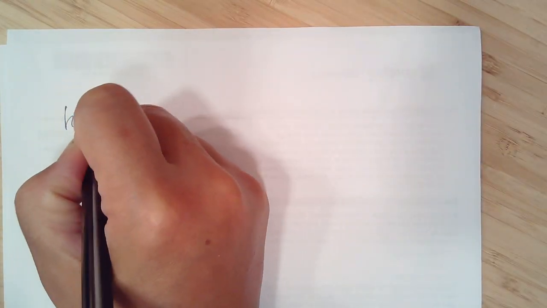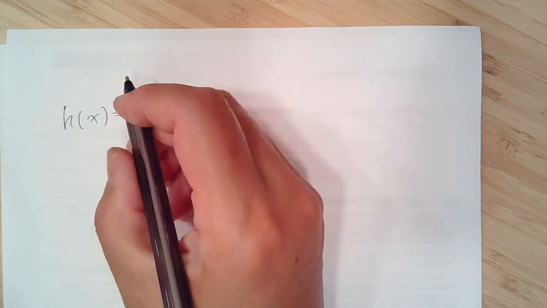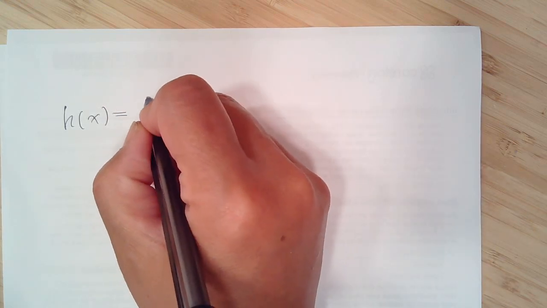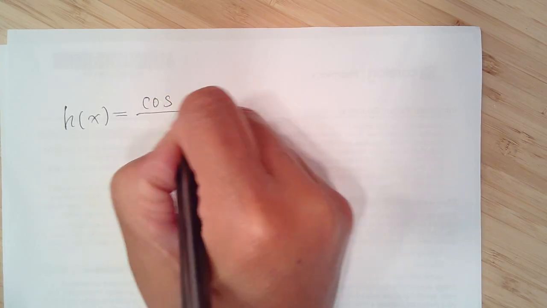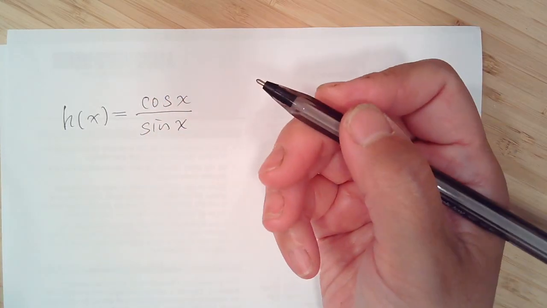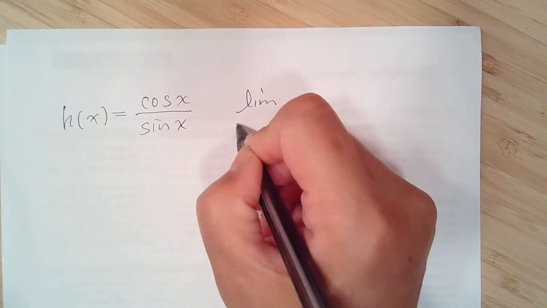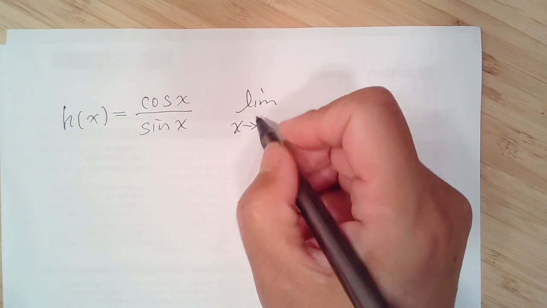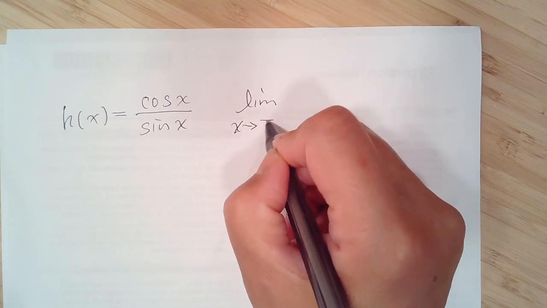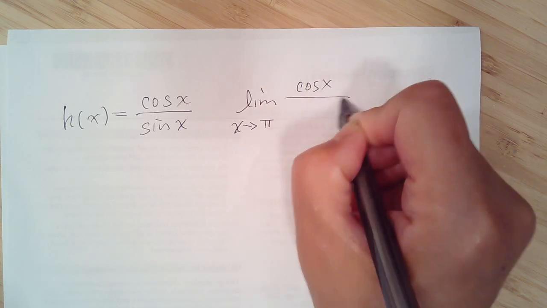We've got a lot of examples right now. So what about h of x equals cosine x over sine x? We know this is a cotangent, right? I ask you to find the limit when x approaches pi of cosine x over sine x.